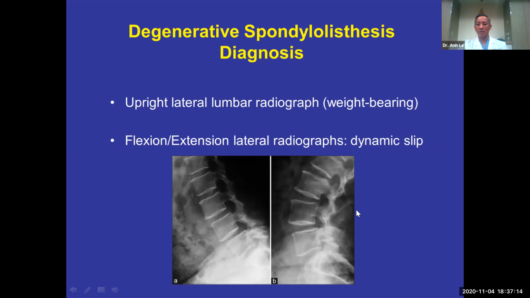What we're looking for is abnormal movement of L4 and L5. So in this lateral radiograph, the patient is asked to bend forwards. You can see an anterior slippage of L4 on L5. And when the patient is asked to extend, the L4 then reduces onto L5. So this is called a dynamic spondylolisthesis.